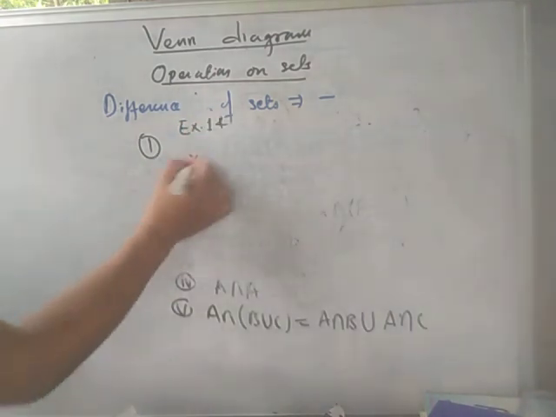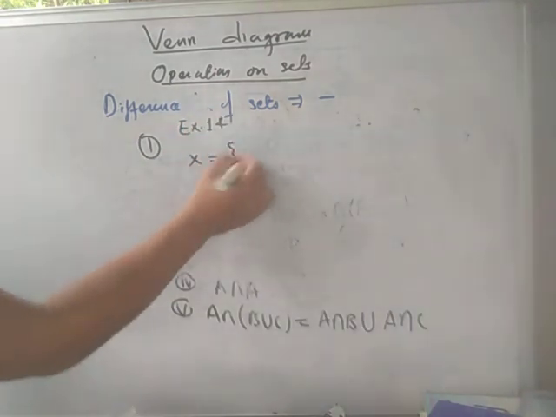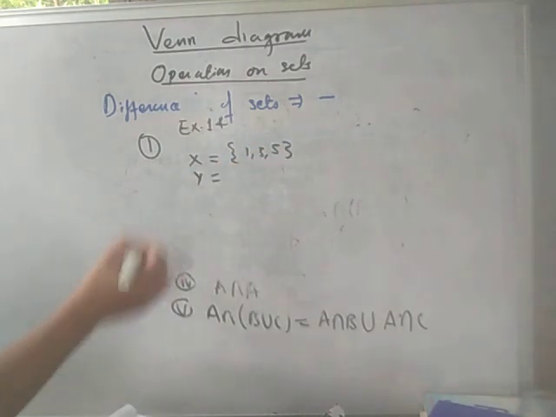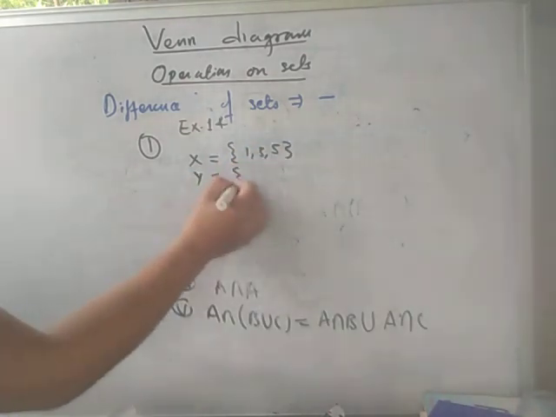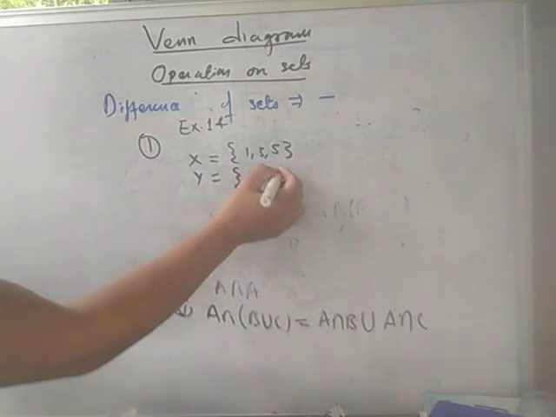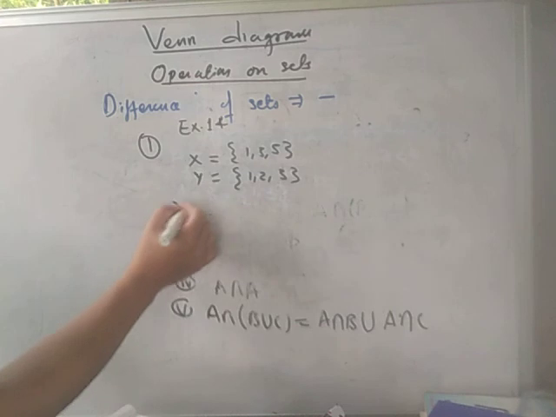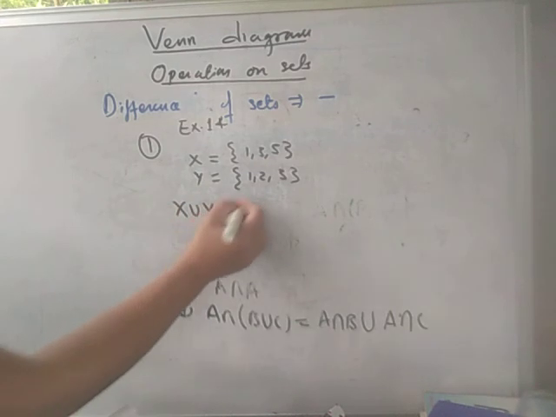So X equals to how much? 1 comma 3 comma 5. Y equals to how much? 1 comma 2 comma 3, right? Just see the elements then write. Okay, so X union Y equals to how much?